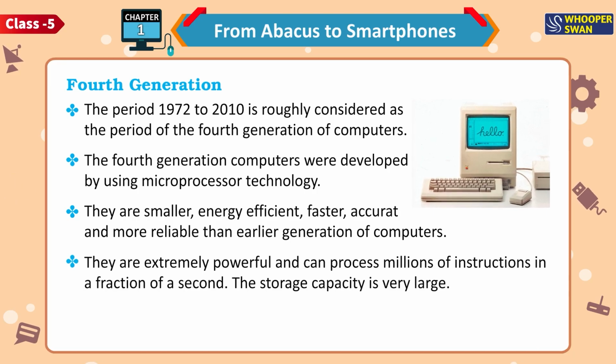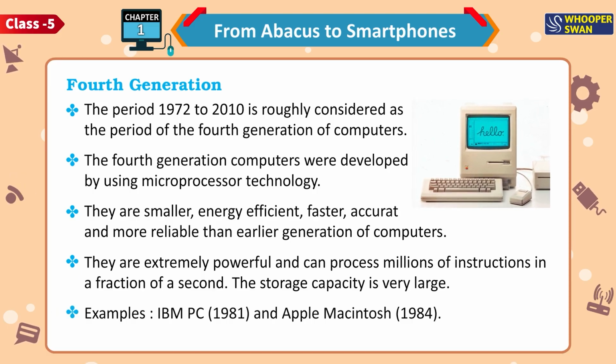They are extremely powerful and can process millions of instructions in a fraction of a second. The storage capacity is very large. Examples: IBM PC, 1981, and Apple Macintosh, 1984.